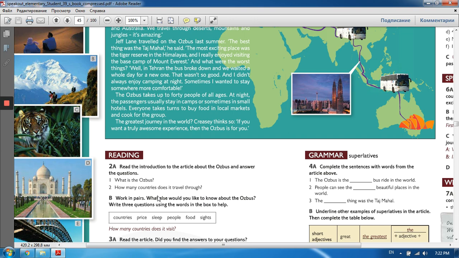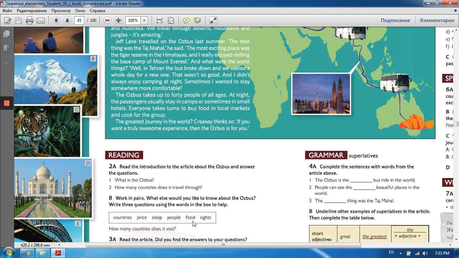B. Working in pairs. What else would you like to know about the Ozbus? Write 3 questions using the words in the box to help. We have here some words: countries, price, sleep, people, food, sites.